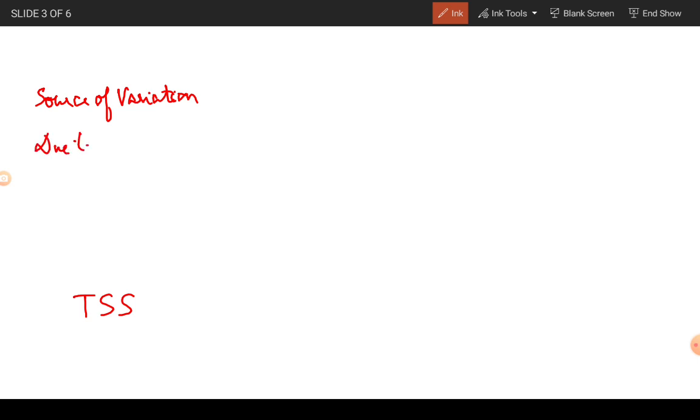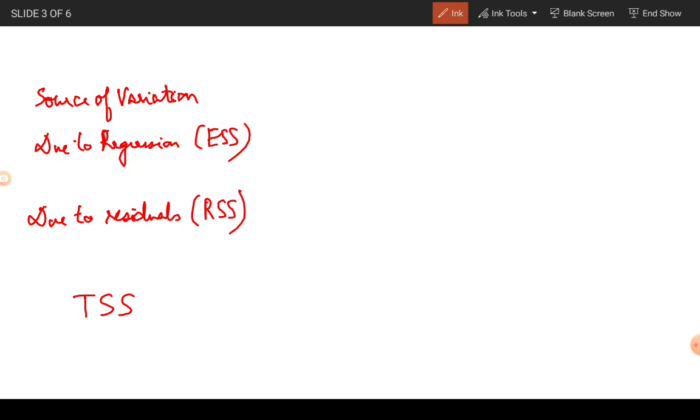One is due to regression. This is my explained sum of squares, that is variations in observed yi that is being explained by variations in the x variables. The remaining source of variation is due to variations in the residuals, right? The associated sum of squares here is yi hat square, and here it is ui hat square.